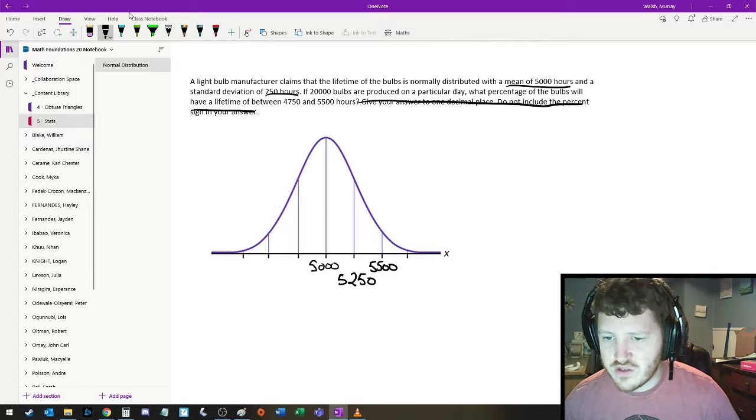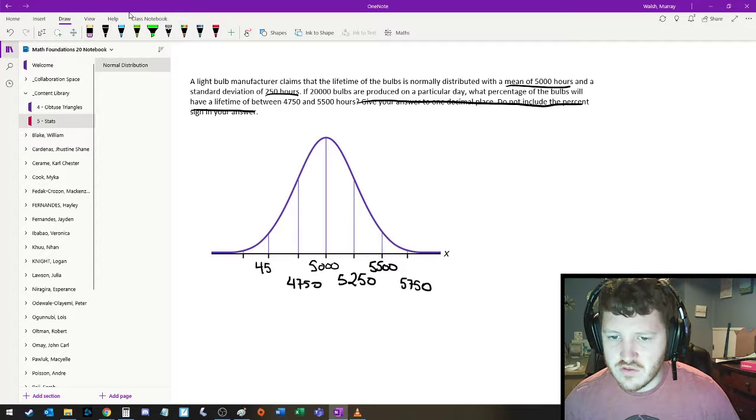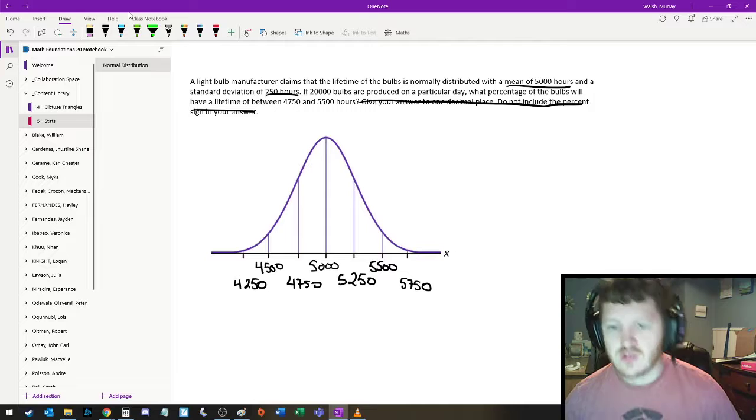So plus 250, plus 250, plus 250. Going left, we're going down, minus 250, minus 250, minus 250. So this is our chart. These are what our standard deviations mean.